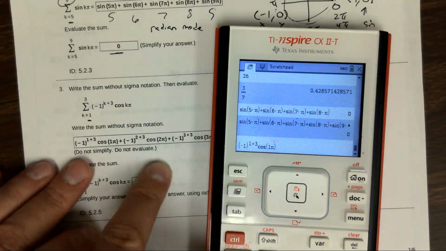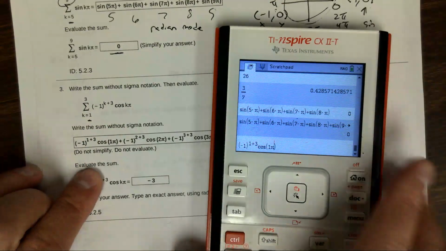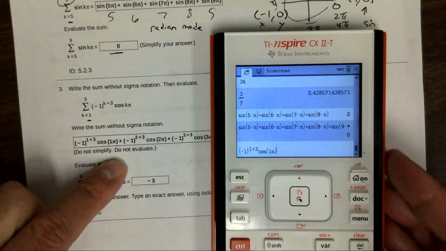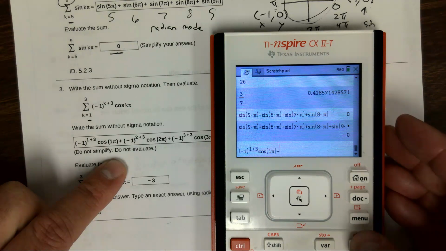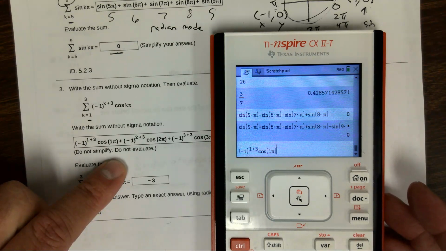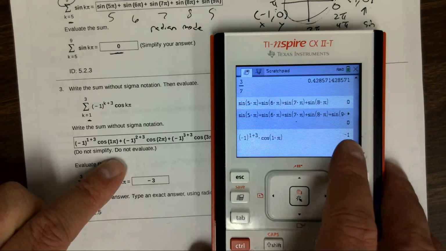If it's only a few terms, I'd probably just do it that way. You know what? I'm going to try to be fancy. Okay, so I did it once and I got -1.